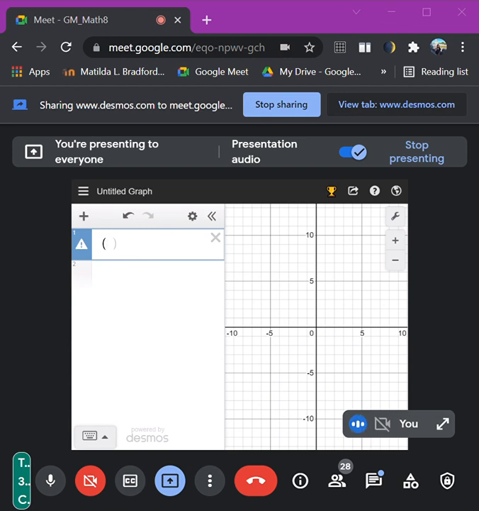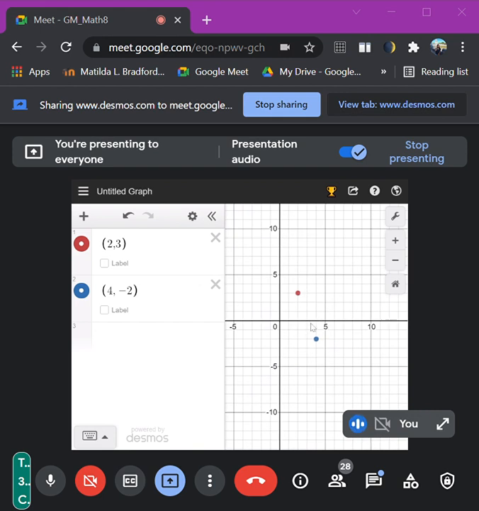So, di ba, ang atong gigamit nga points kay 2, 3. So, atoa ra siyang i-encode there. You have there 2, 3. And then, we have there 4, negative 2. Diba, mao na siya ang given ganina. So, kung tan-awon na nato siya sa graph, mao na siya ang duha ka dots.